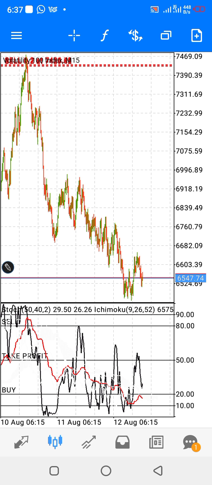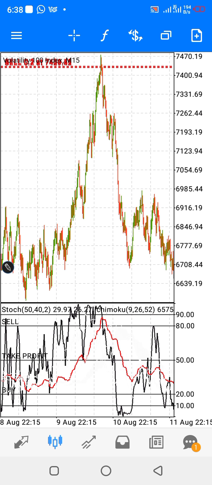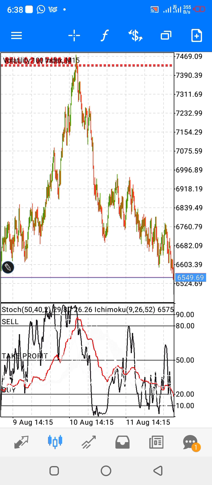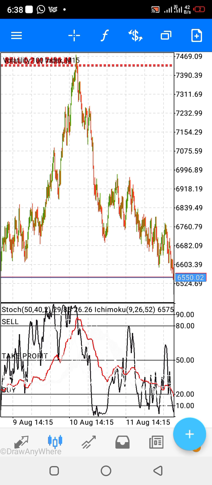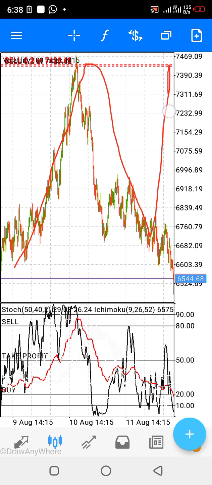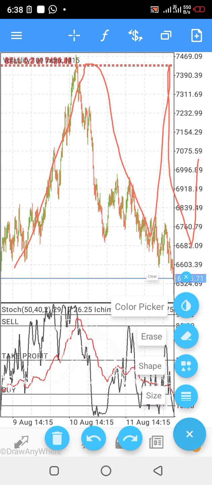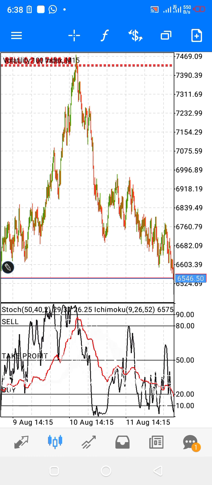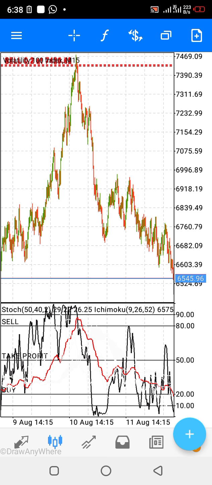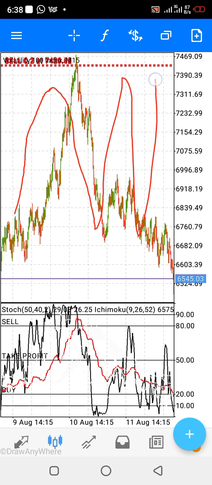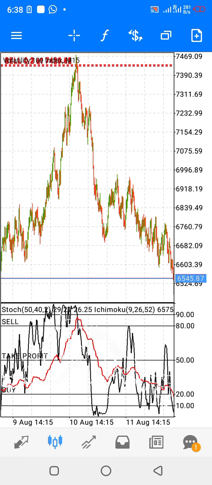But one thing I want to say is that in trading, the market doesn't move like this. It doesn't go straight upward and then straight downward. That is not how it is done. If it were, it would be very, very easy. It doesn't move like that.